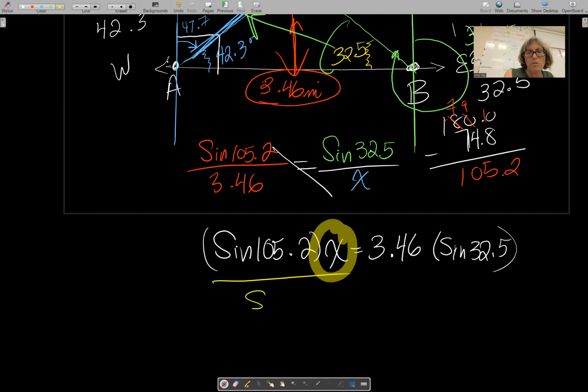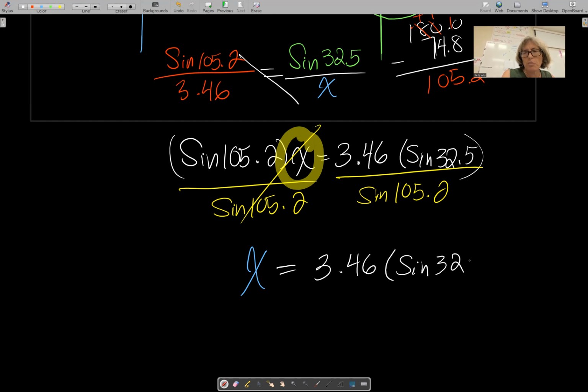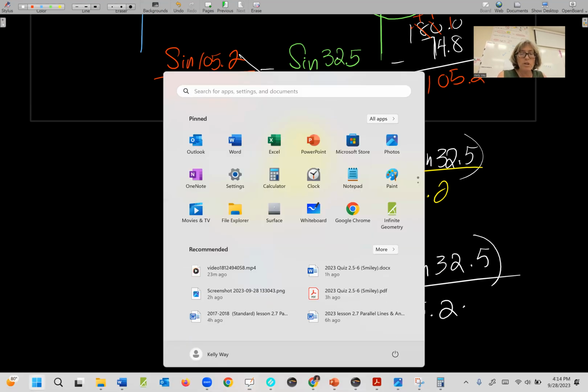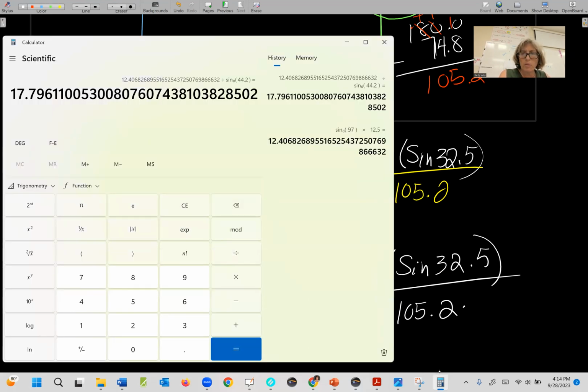So we're going to divide out. So whatever our X is going to be here, it's going to be 3.46 times the sine of 32.5 divided by the sine of 105.2. Again, this is super easy to do on a TI-84 calculator. You can put all of that information in one fell swoop with the parentheses and get a singular answer.